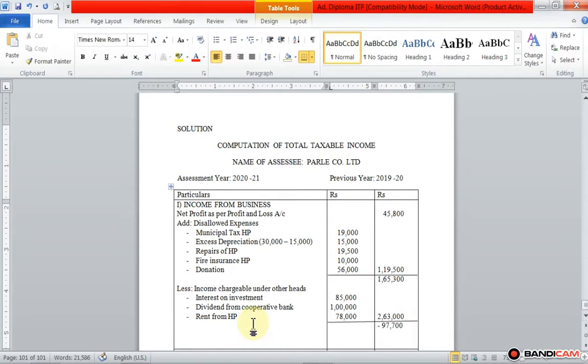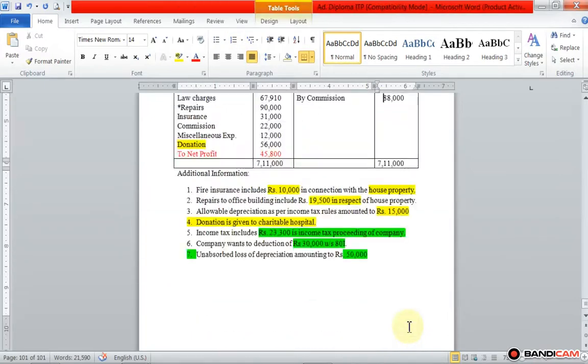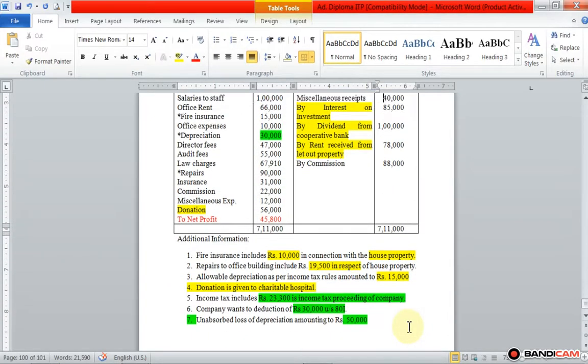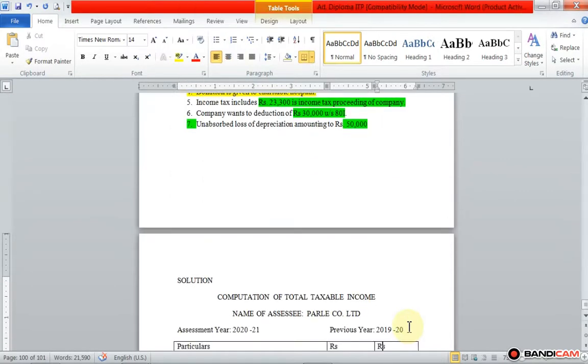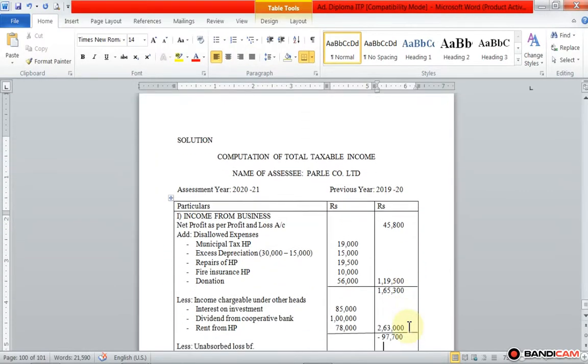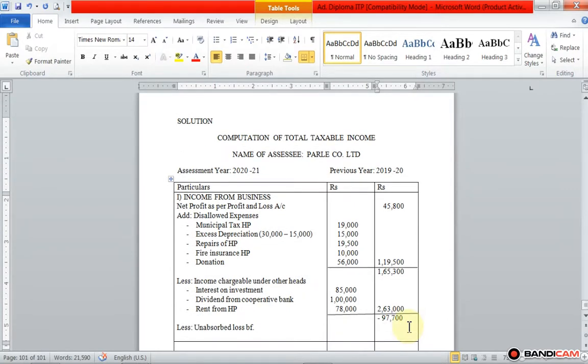Then we deduct, less, unabsorbed loss brought forward, amounting to rupees 50,000. The unabsorbed loss is given here. So minus, minus, plus, that is minus 50,000.